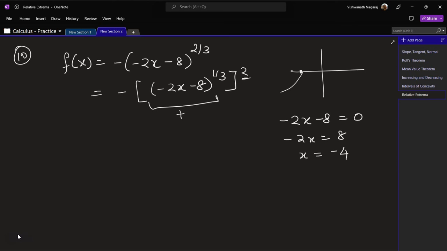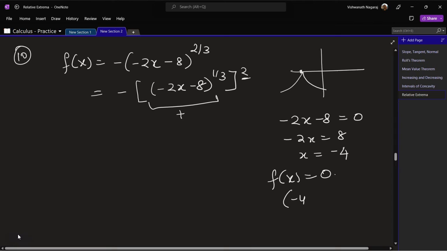It will go something like this, somewhat similar to our previous problem. But what would be the coordinates as such? If x equal to minus 4, then f of x would be equal to 0. So which means that the point of interest is going to be minus 4 comma 0.